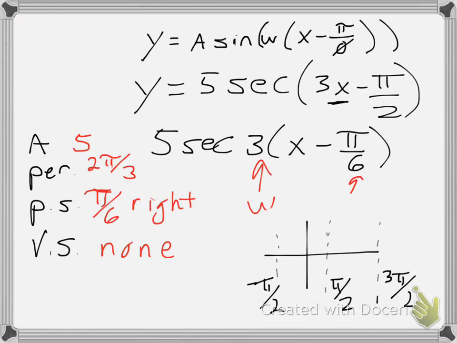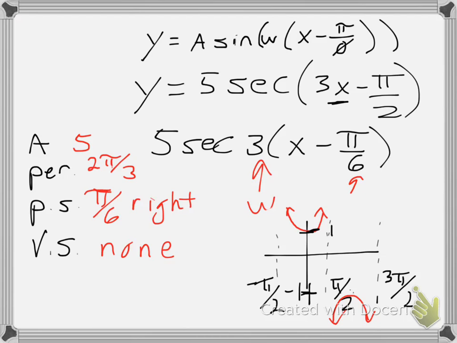So for one period, this is what I consider, and my graph looks like so. It intersects the axis down here at 1, and then down here at negative 1. So this is the basic look of our secant function.